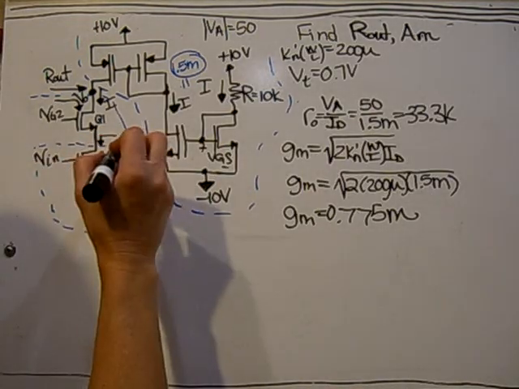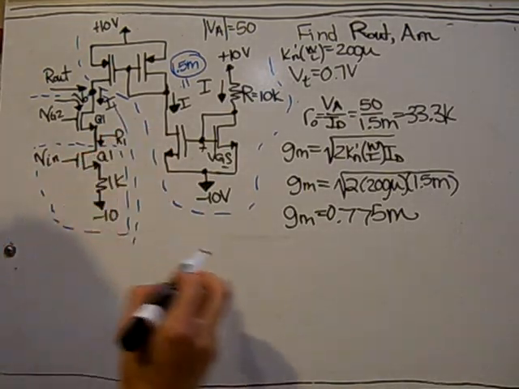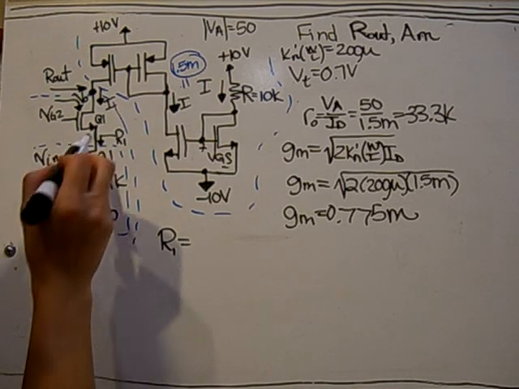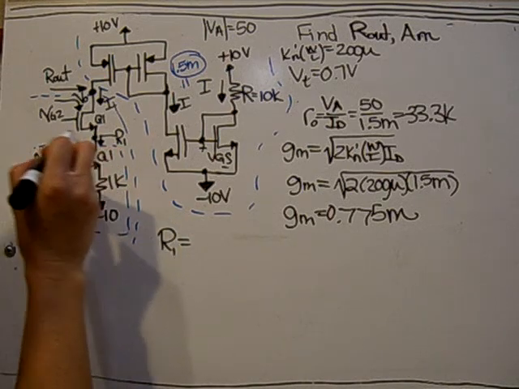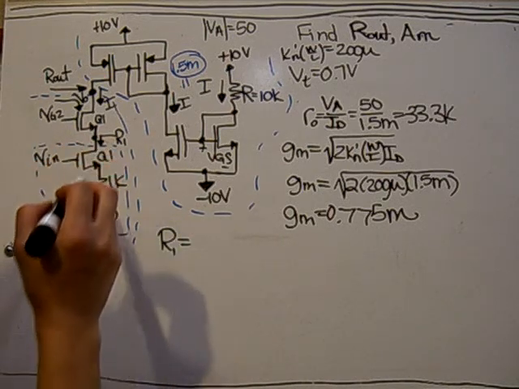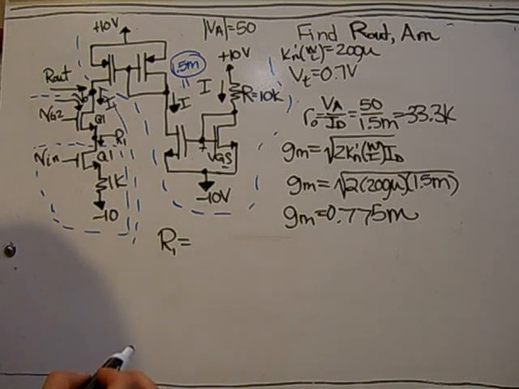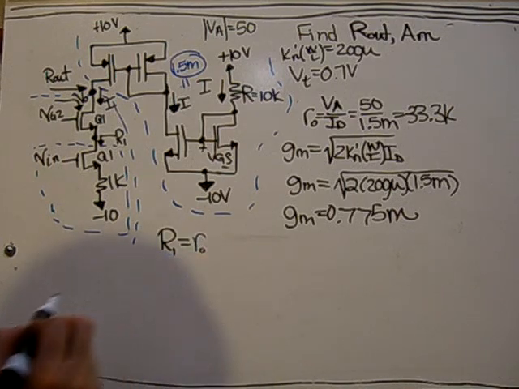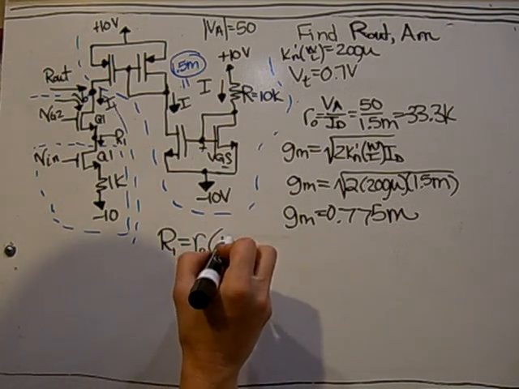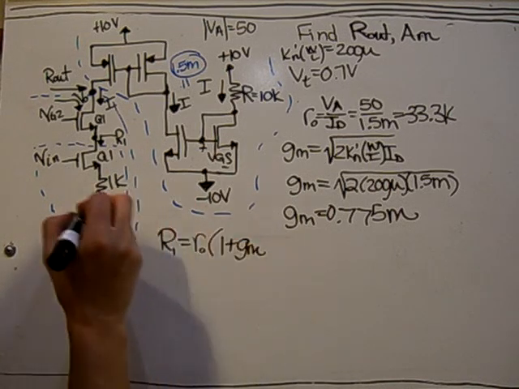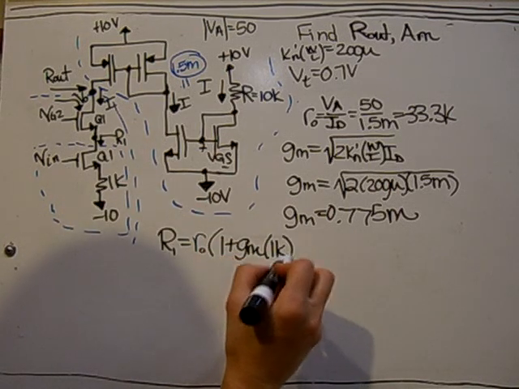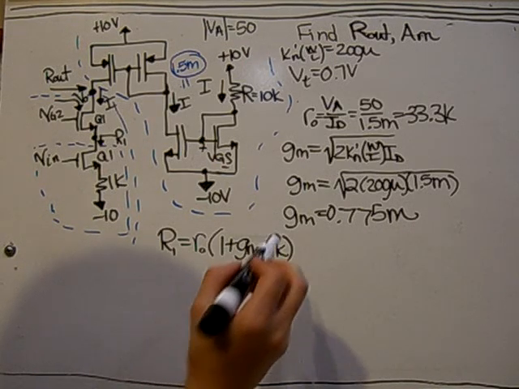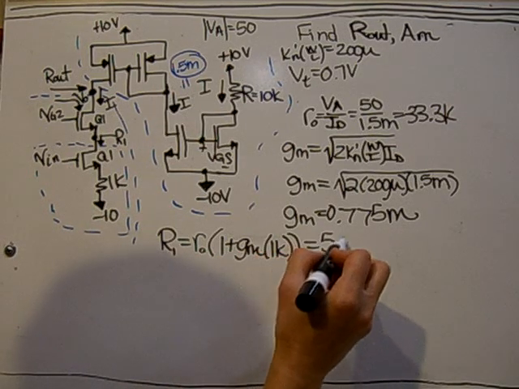I'll call this R1, and R1 in this configuration, putting on a test source to find the current, the voltage over the current gives you the equivalent resistance. When that was done previously in class, it was RO 1 plus GM the value here, which is 1K. That ends up being 59.1K.